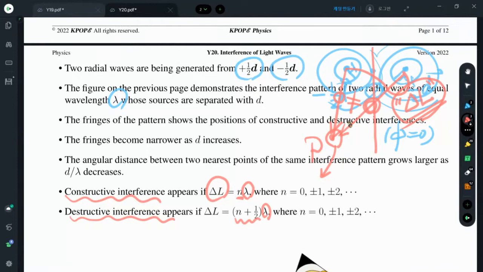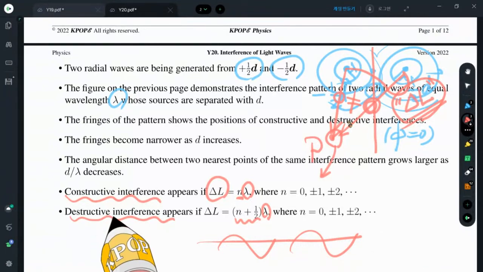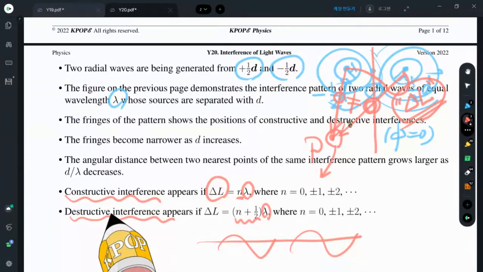By the way, if you add two sinusoidal waves traveling along a single direction, destructive interference must be complete, and constructive interference must be complete. That is a factor of 2, and that is a 0.